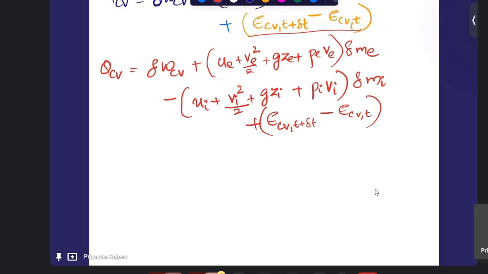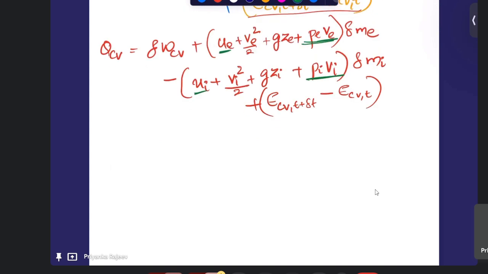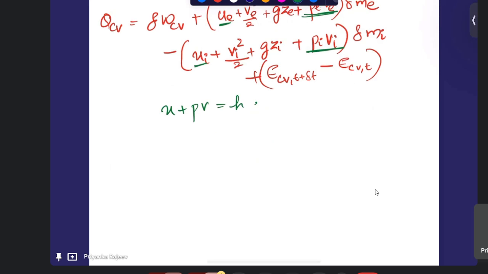Now you can see there is this U plus PV term in both the bracket terms, UI plus PIVI. So that will become U plus PV equal to H. That I am going to rewrite.